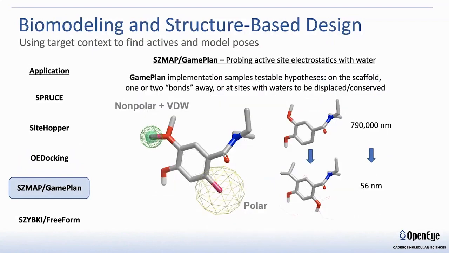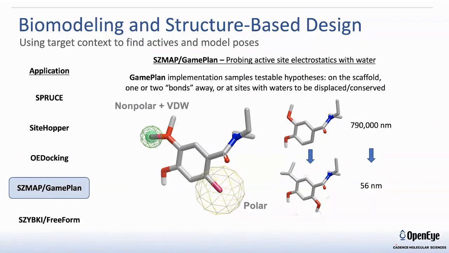Now, SHMAP enables the exhaustive sampling of this active site. It also enables you to direct the various locations of the active site that you'd like to sample with these probe water molecules. But the companion application GamePlan actually samples testable hypotheses around the active site on the scaffold of the cognate ligand that is found within the structure, at locations 1 or 2 bonds away from the scaffold, or at sites with waters that you might want to consider displacing or conserving.